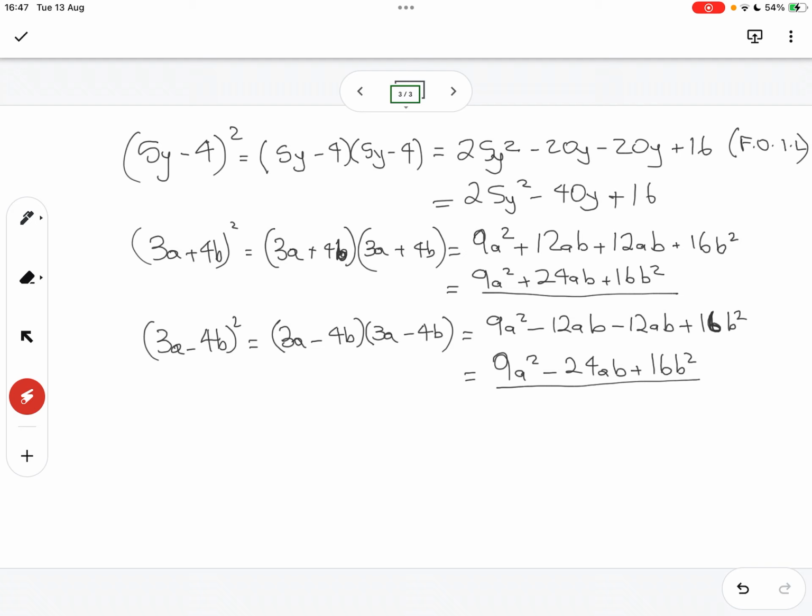Let's carry on. So in topic 8, you learned that when you multiply two binomials together that are identical except for the sign in the bracket, the middle two terms will cancel each other out and the result will be a binomial difference of squares. Okay.